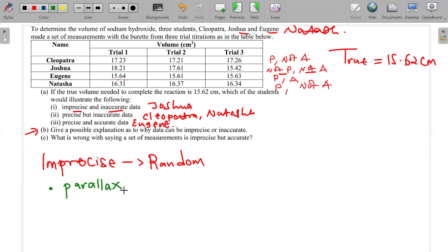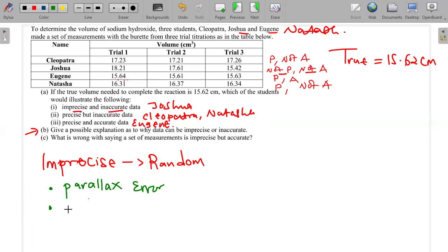Okay, so when you are reading the meniscus of different measuring instruments like the beaker, the measuring cylinder in the lab, okay, you can read the meniscus in a wrong way, okay, or reading it differently from time to time. So parallax errors are going to cause random errors, okay, just because of how you are seeing or how you're getting the measurements. Maybe you see 12.2, your friend sees 12.4. So those are parallax errors.